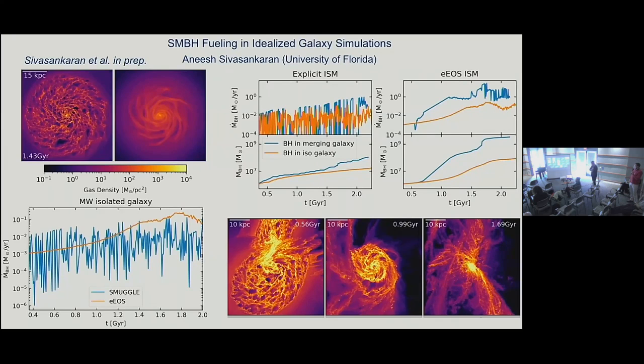And there are a lot of free parameters, so it's not only a matter of choosing the right accretion model, but also the feedback. And going back to what Tamara said, yes, I totally agree that radiative feedback might be extremely important, especially in the regime where dynamical friction is relevant for the orbital decay of black holes.